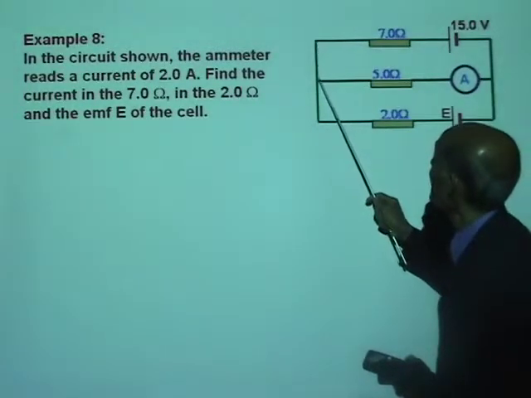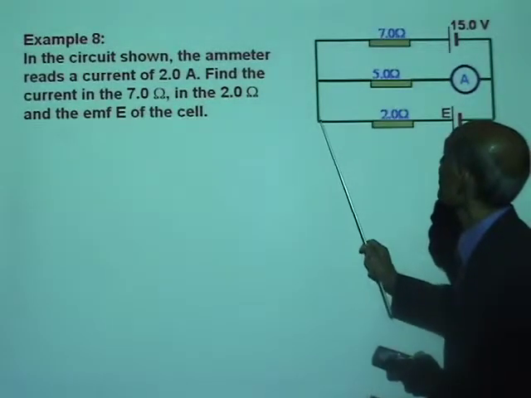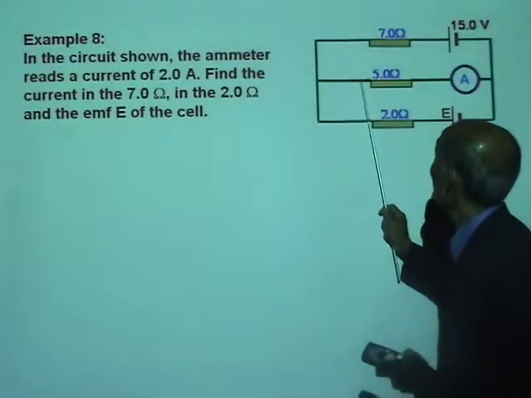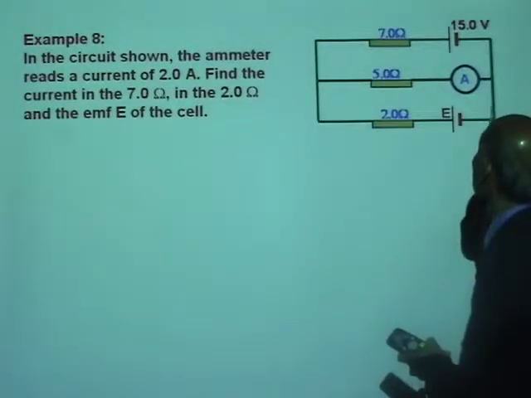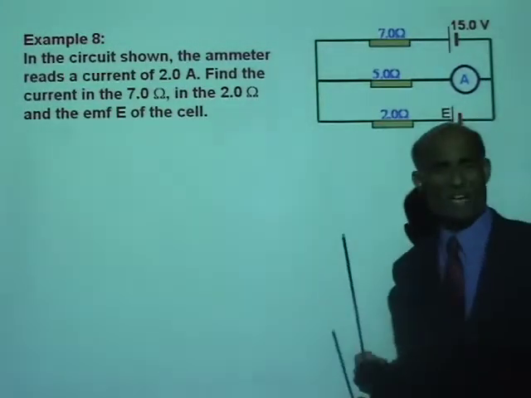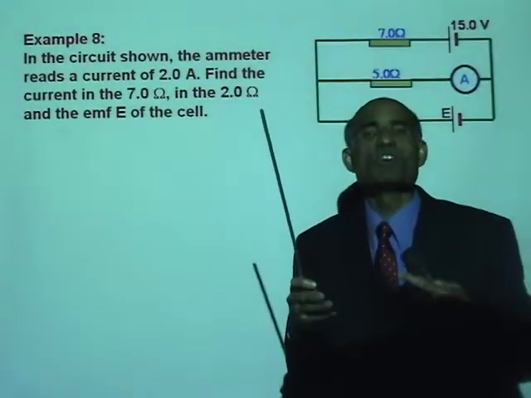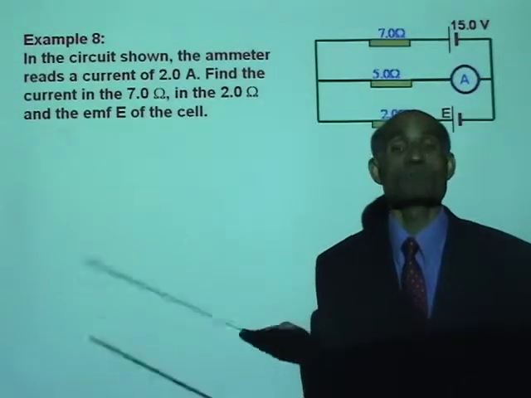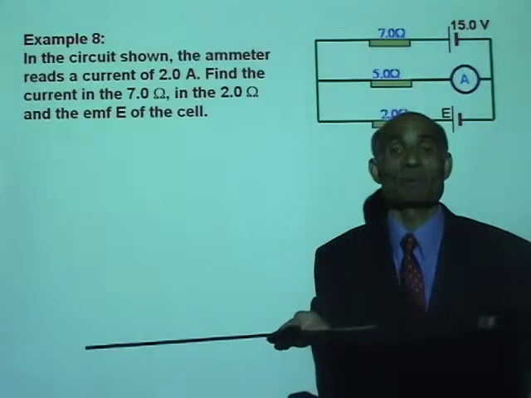It comes here, and this battery also sends a current in that direction, which comes to that junction, and they both come together and go through the 5 ohm and the ammeter, and they come here and split 2 ways. Is that a good assumption? It really doesn't matter. Even if you make a mistake, the method will correct you, because we are using algebraic sum.